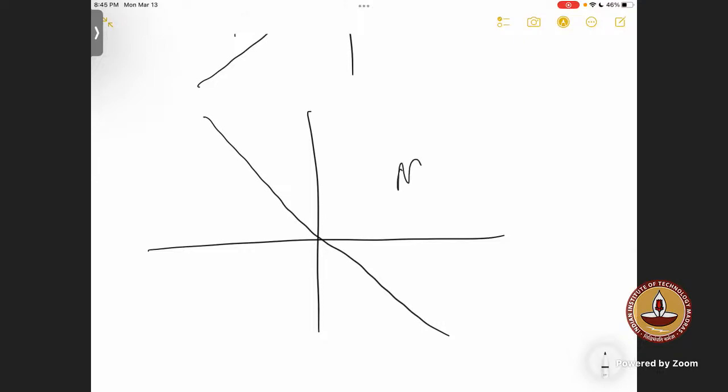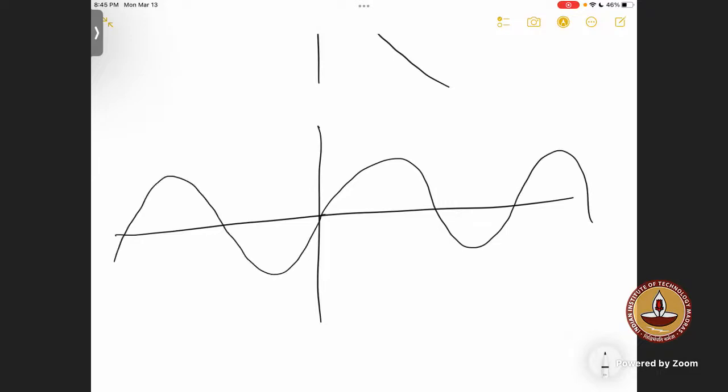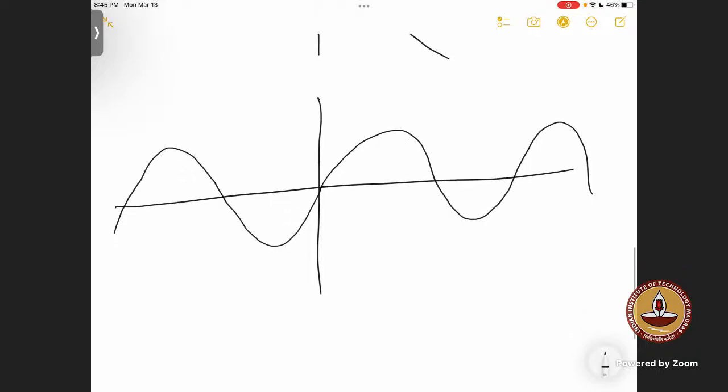Monotonically decreasing. What is happening to this? It is neither; it's a combination of both. Very good. First decreasing, then increasing.